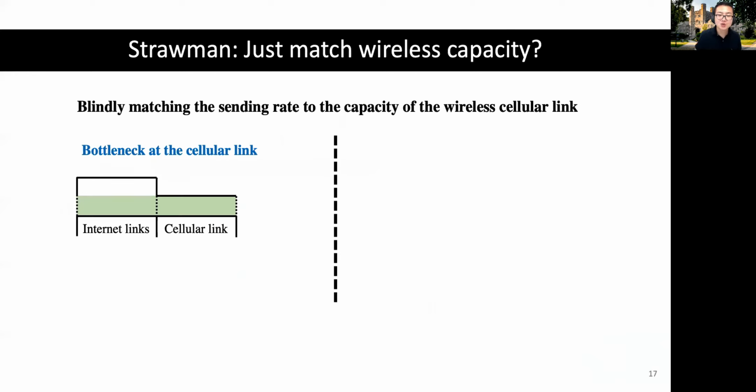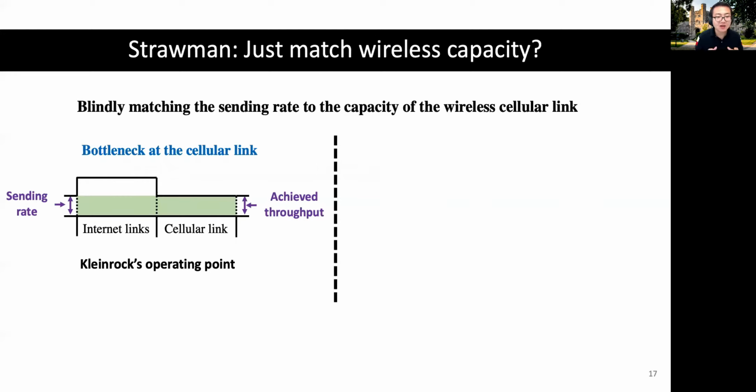A simple solution would be blindly matching the sending rate to the capacity of the cellular link. This indeed works if the cellular link is the bottleneck. So we will have the sending rate equal to the achieved throughput, and no packet will be buffered in the network. This is called the Kleinrock's operating point, which is proven to be theoretically optimal.